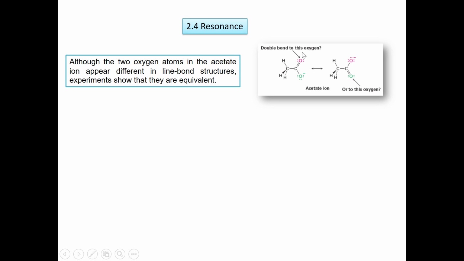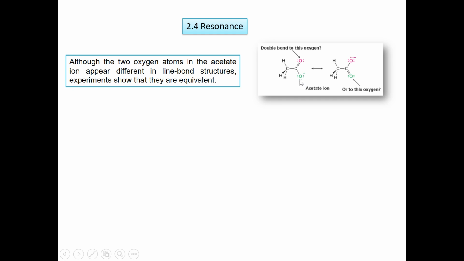We can take a look, for example, at this acetate. Here we have a methyl. All these bonds are well defined, and then we have a carbon-carbon bond, a carbon double bond oxygen, and a carbon single bond oxygen with the oxygen negative. This is the acetate ion.